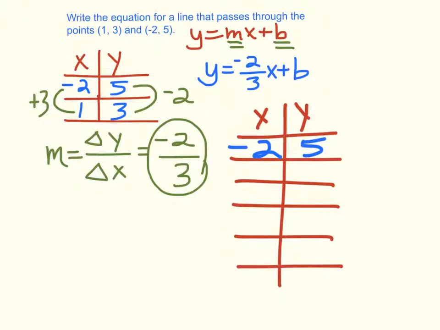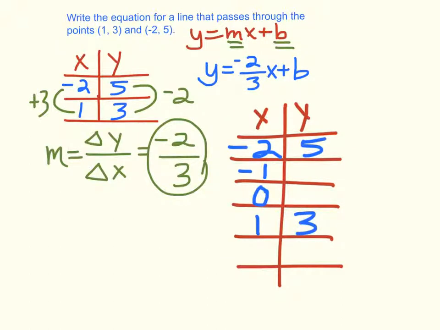So from -2, I'll go to -1 to 0 to 1. And I'm going to stop there at 1 because I've actually reached the x-coordinate of the coordinate pair that we already know in the bottom row of this table. So since I have an x value of 1 here and an x value of 1 here, I can go ahead and write the y value of 3 in my new table over here.